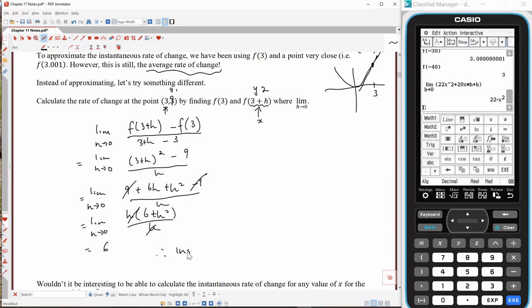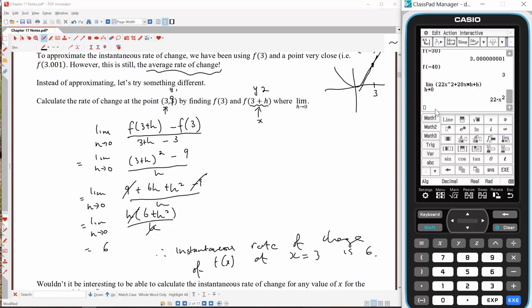Therefore, the instantaneous rate of change of f of x at x equals 3 is 6. That's the instantaneous rate of change, or the gradient of the tangent at x equals 3.